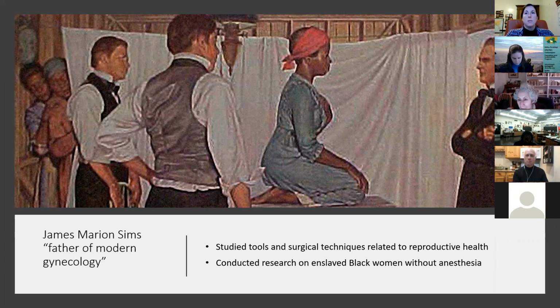This painting depicts him with 3 slaves, so I think it's worth noting their names, Lucy, Anarcha, and Betsy, who are 3 women he operated on, according to the American Historical Association. And currently medical ethicists are looking at the statues and monuments to him, and many will argue that these should be either taken down or reframed as tributes to the women he experimented on.